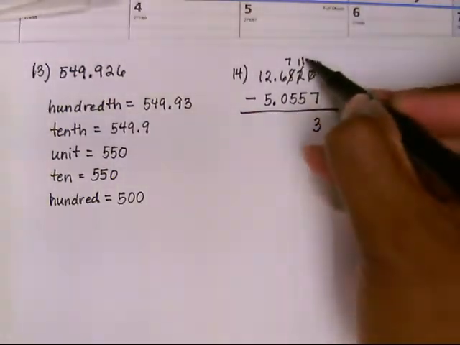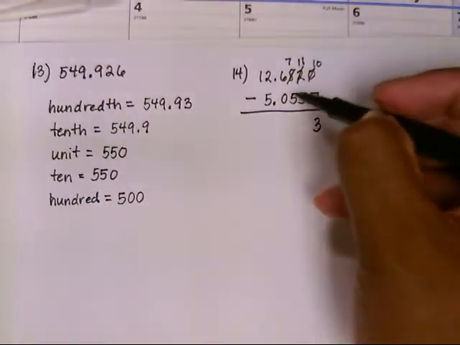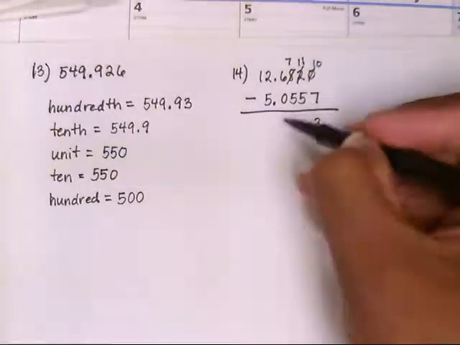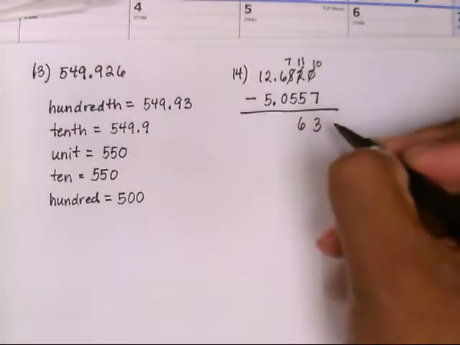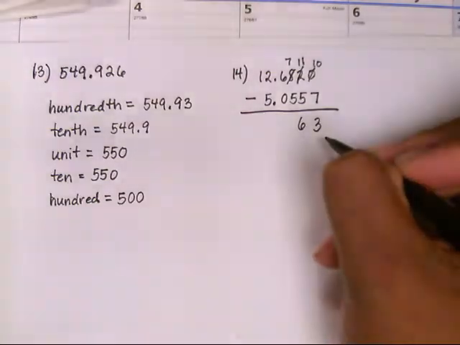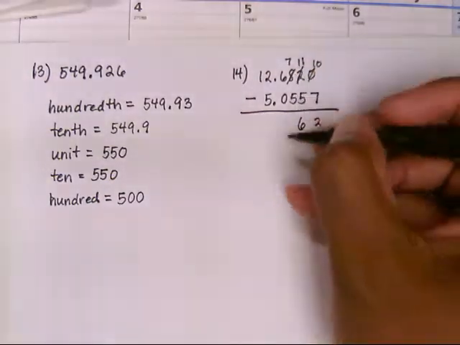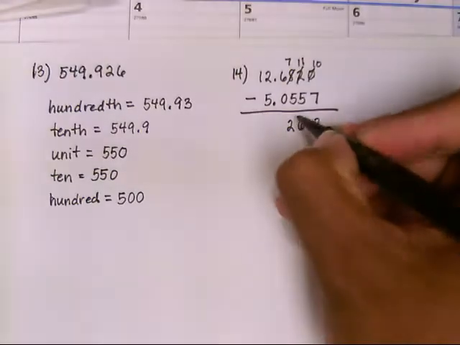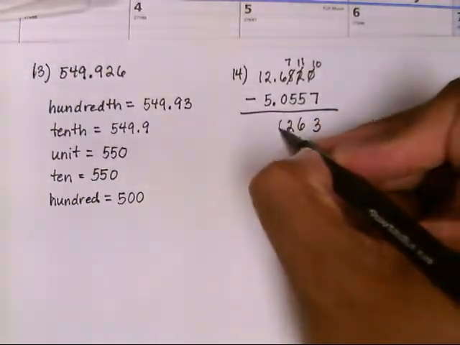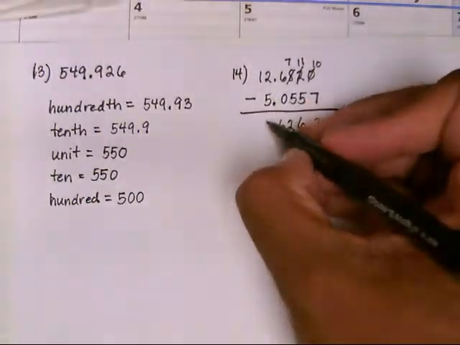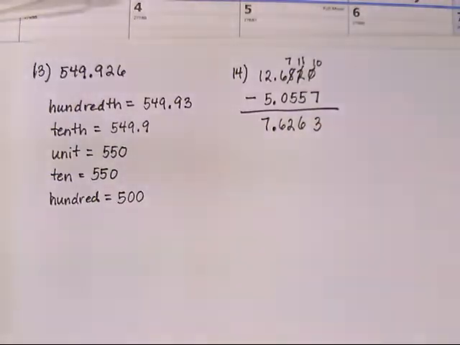Add 10 to this 1, you're going to get 11. Now 11 minus 5 would give us 6. And then 7 minus 5 is going to give us 2. 6 minus 0 is 6. And 12 minus 5, I'm going to get 7. So here, the lemon was 7.6263 pounds heavier than the apple.